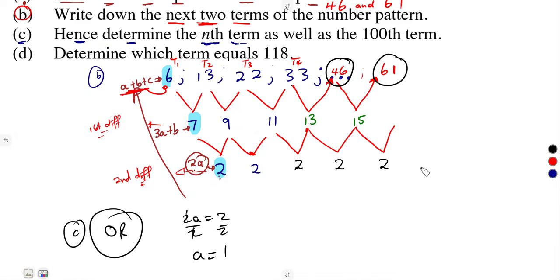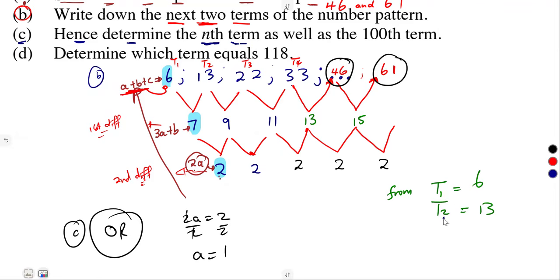So as for me, I'm going to take the first term. From T1, the first term, T1 is equal to 6. The second term, T2, is 18. So what does it tell us here? When n is 1, our answer is 6.